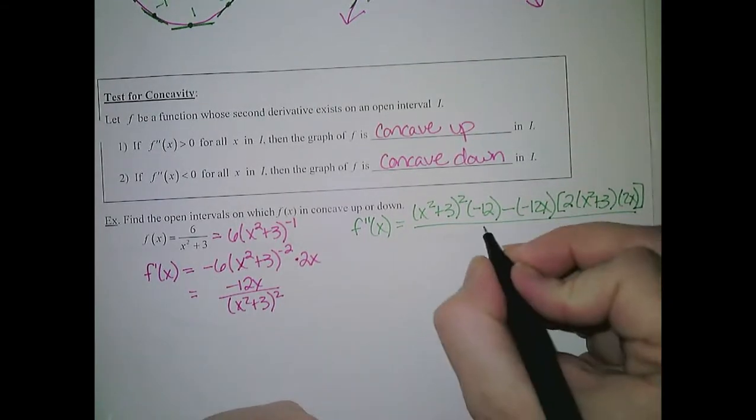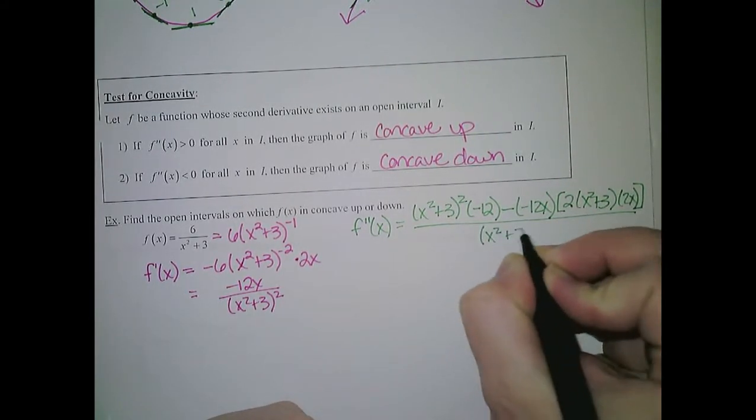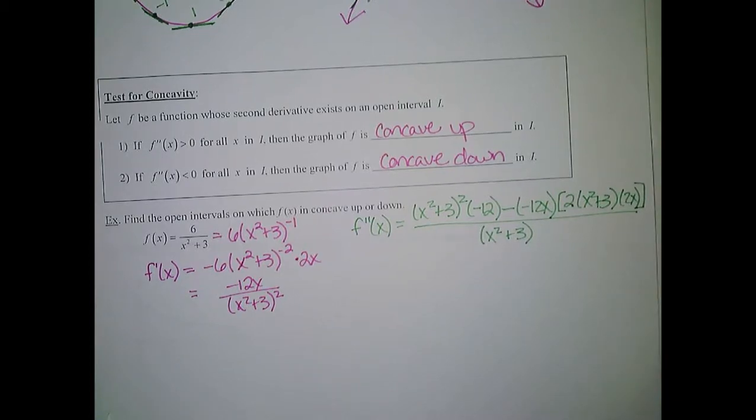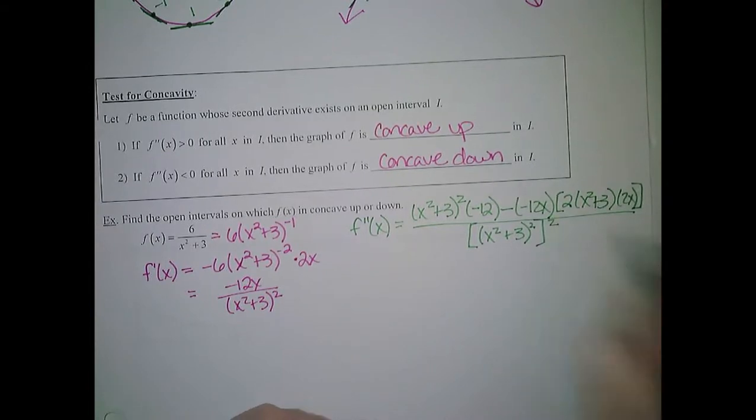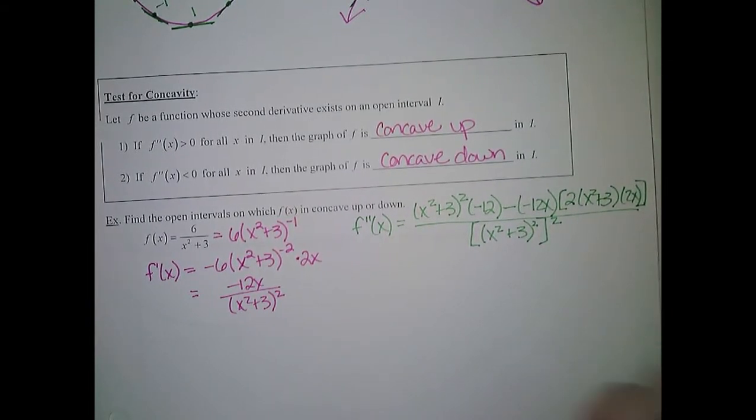All over the denominator squared, so ((x squared plus 3) squared) squared. And I'm just going to clean this up a little bit.